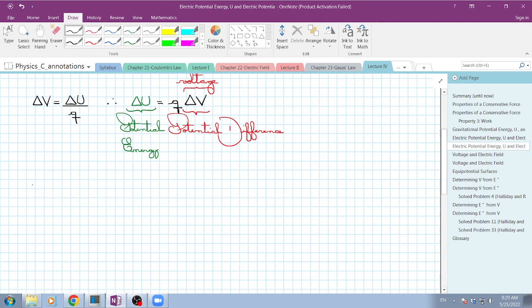The potential can be written as minus the work, this variation in energy.